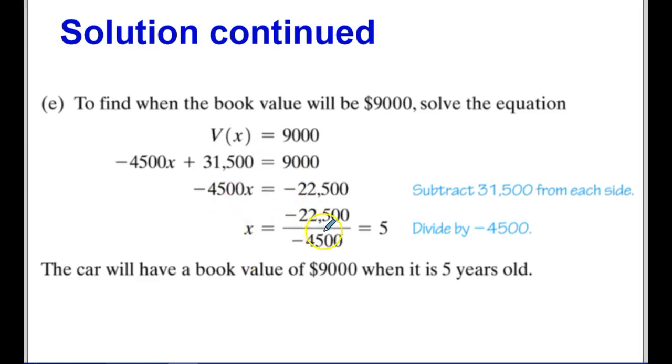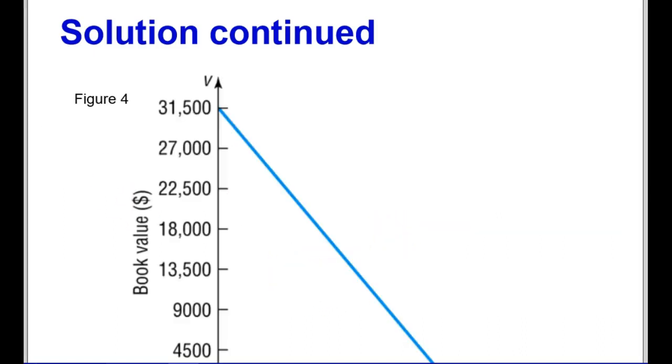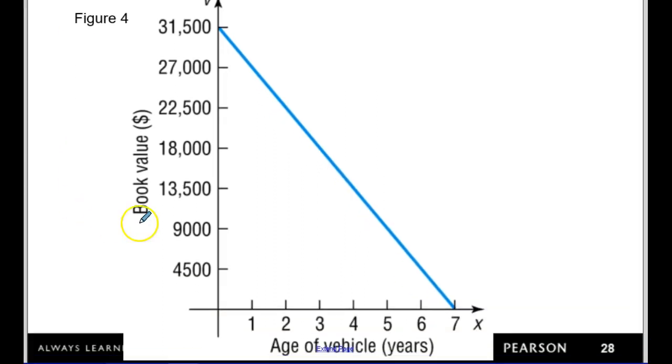So then I end up with x equals 5. So after 5 years, my car will be worth $9,000. I could also use my graph to figure that out as well. I could find where $9,000 is right here, because I know that's the money I'm working with, cross over to my graph and down. And this will tell me the age of that vehicle at that point in time.